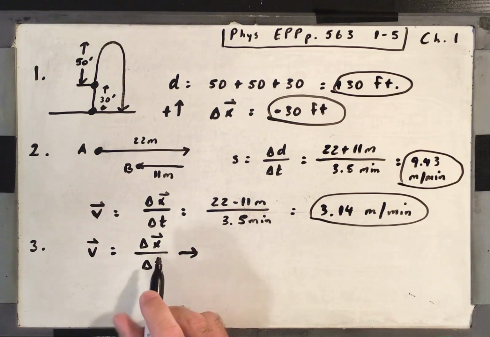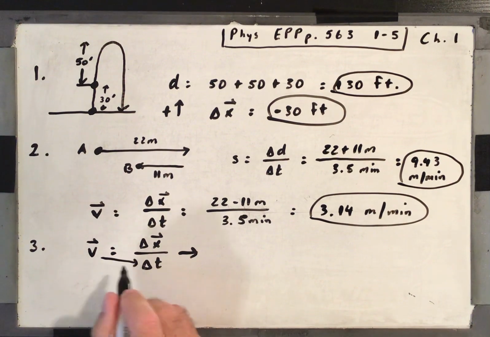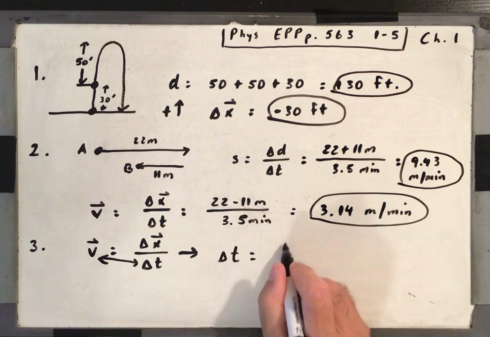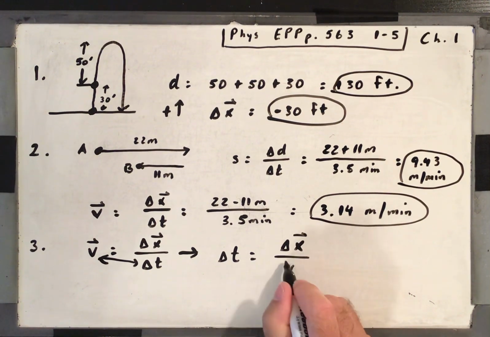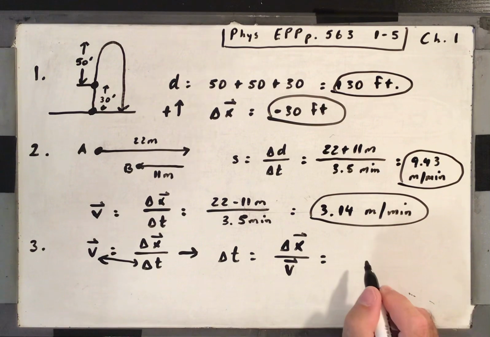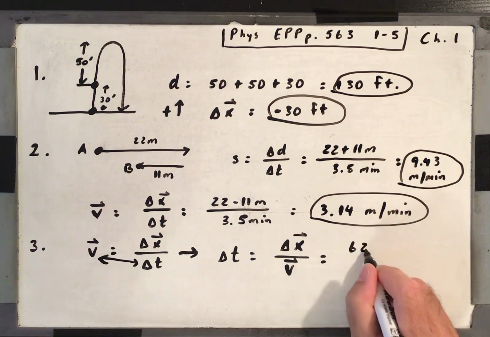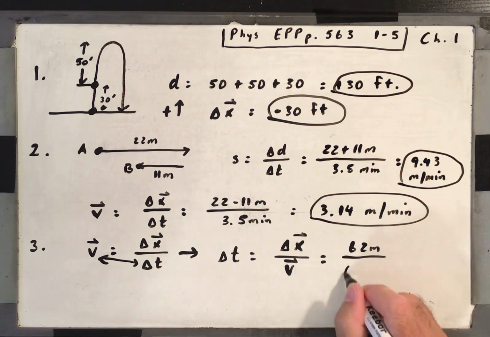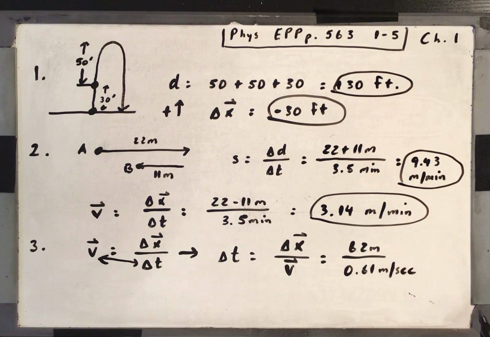If we want to know how long, we're solving for delta t, so we will switch those two. That's our algebra. Delta t is the displacement over the velocity. All right, so our displacement is 62 meters. Velocity is 0.61 meters per second.